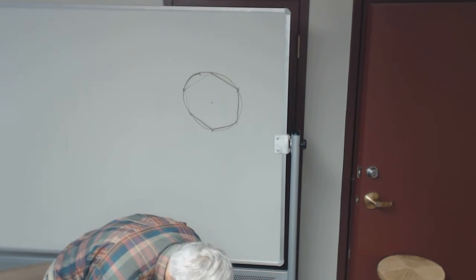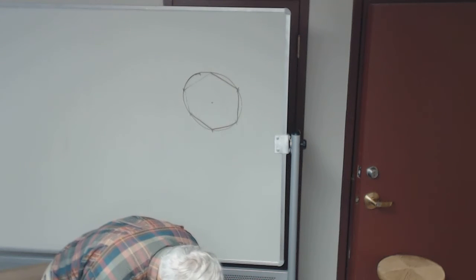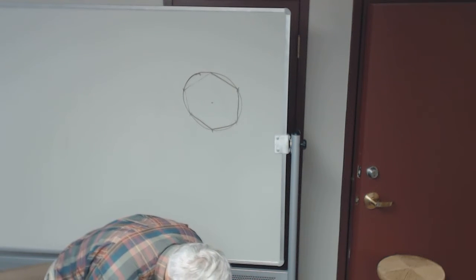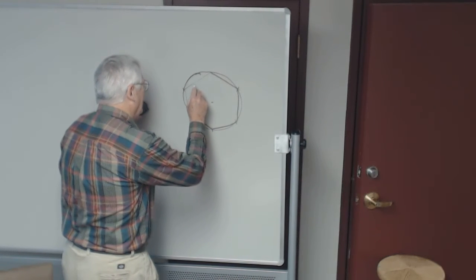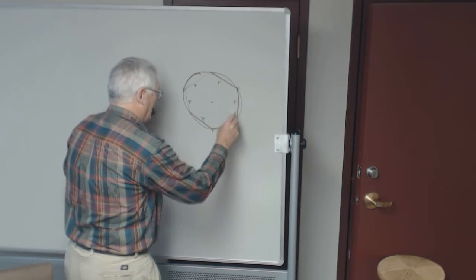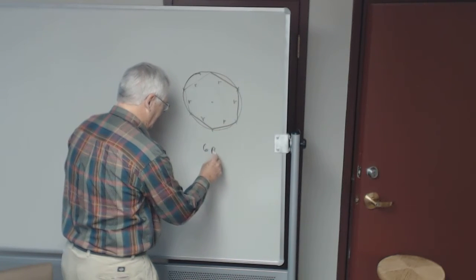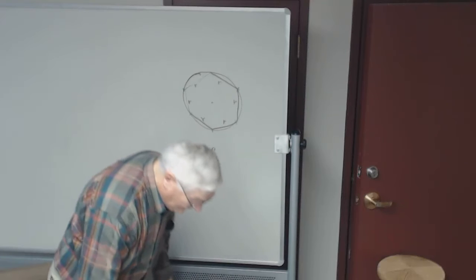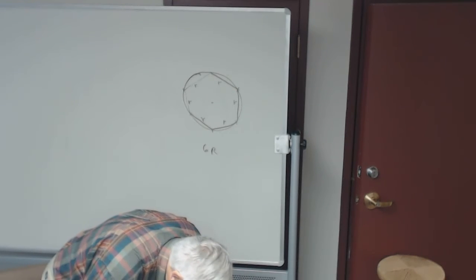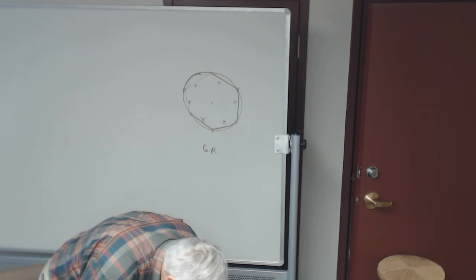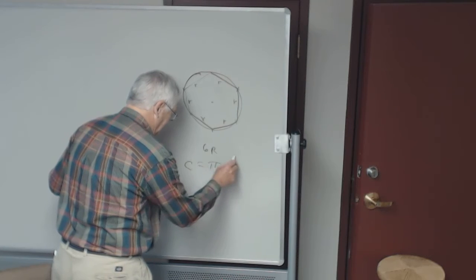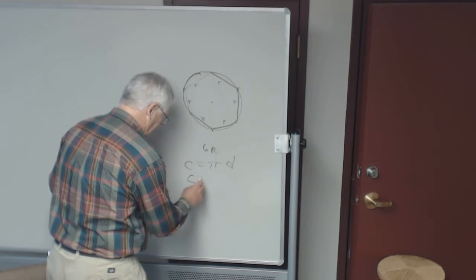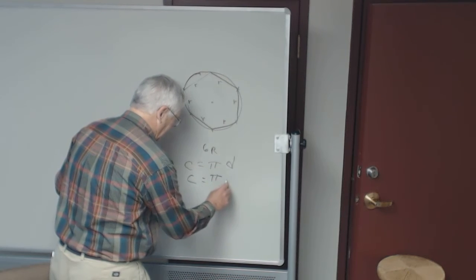How much shorter is the perimeter of the hexagon than the circumference of the circle? The perimeter of the hexagon is R, R, R, R, R, R. So it's 6R, 6 times the radius. Circumference is pi times the diameter, or pi times 2r.